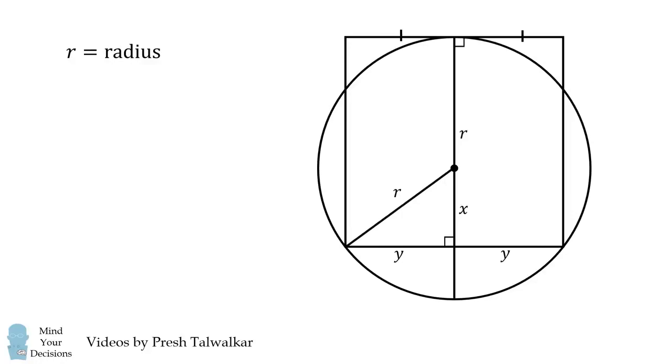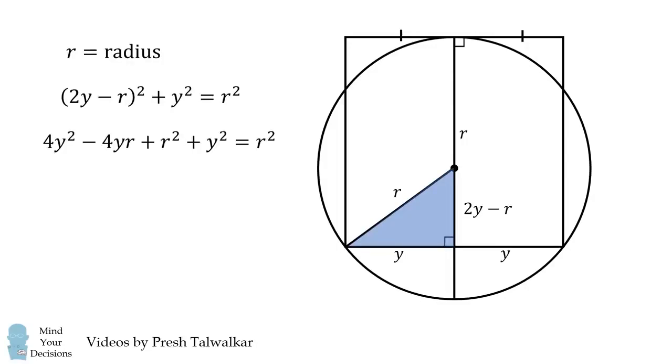Now, if this distance is equal to x, what must x be equal to? Well, we want the entire side of the square to be equal to 2y. Therefore, we must have x plus r is equal to 2y, which means x is equal to 2y minus r. We now consider this right triangle. By the Pythagorean theorem, we have 2y minus r, the quantity squared, plus y squared is equal to r squared.